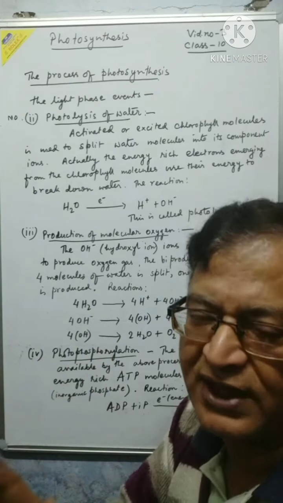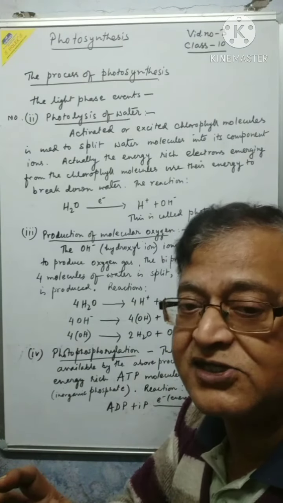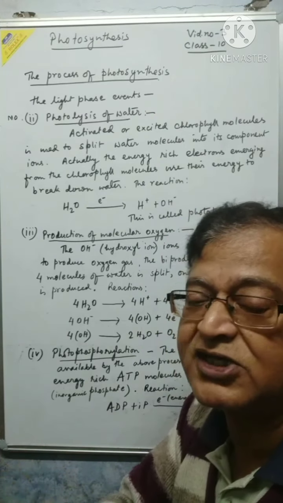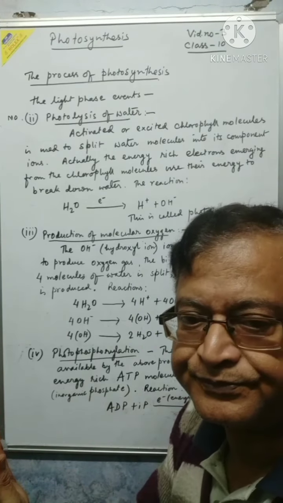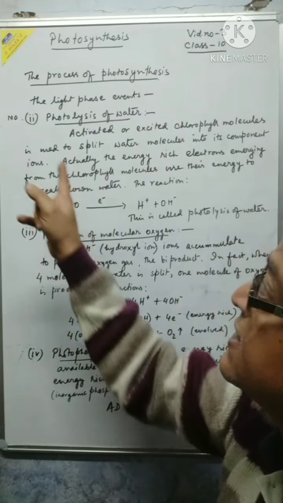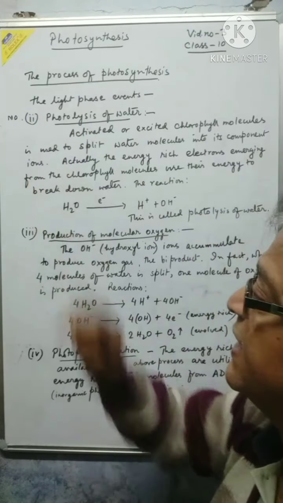If you are asked what is photolysis of water, it is the splitting of water molecules into their component ions. So this is photolysis, the second event that takes place in the light phase.